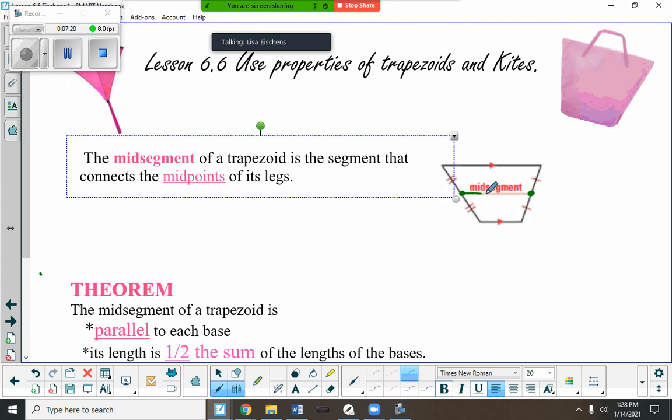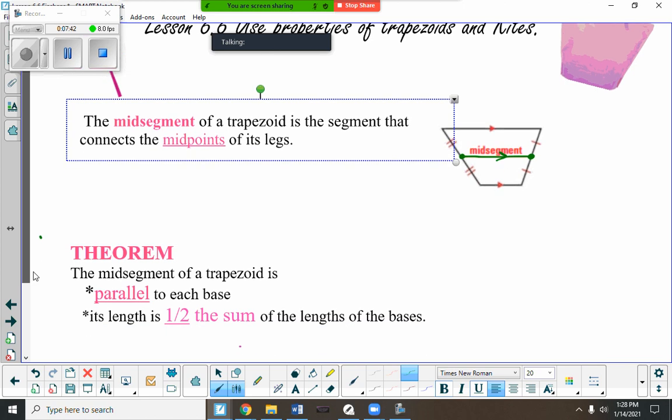So if you connect the two, that is called a midsegment. Now, the midsegment has some fun properties. First of all, it is going to end up being parallel to each base. So these are parallel, which means, and that is parallel also.